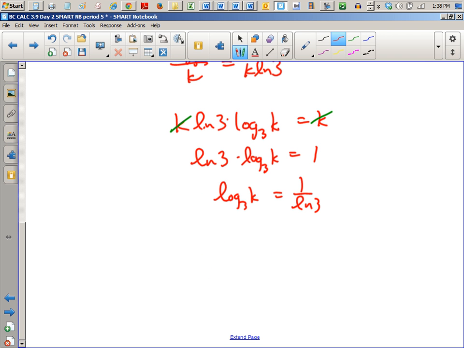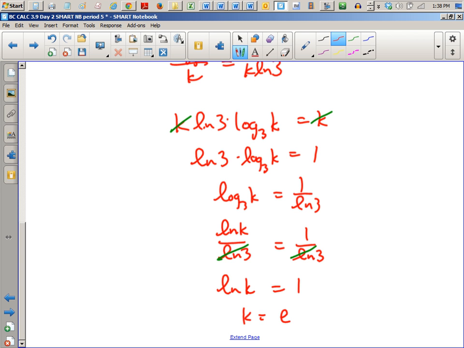But remember, this left side just means ln k over ln 3 is all it means. Change the base rule. Now these cancel out, and we're left with ln k equals 1. What is k? Nope. E. K is e.